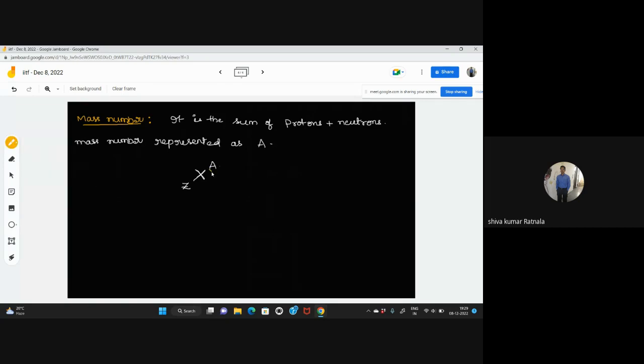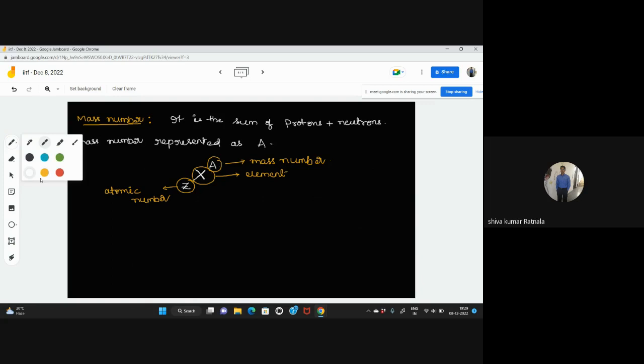Here X represents the element, Z represents the atomic number, and A represents the mass number.